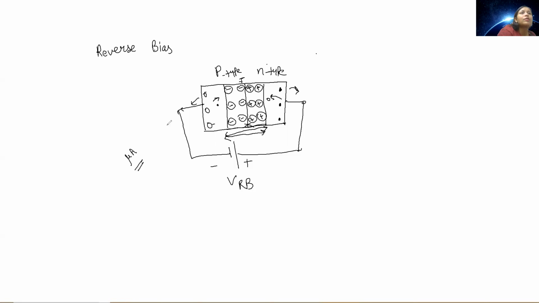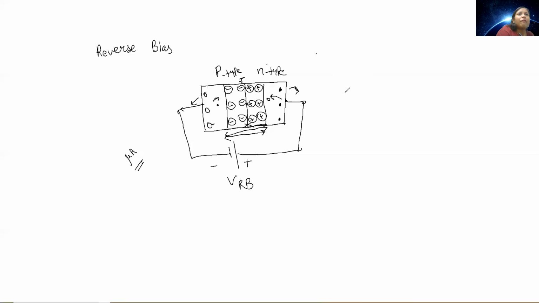That situation is called breakdown, which we'll study later. In breakdown, we get the flow of current due to the charges inside the depletion region. So ideally no current flows in reverse bias and maximum current flows in forward bias. We can also say there is a very small flow of leakage current.